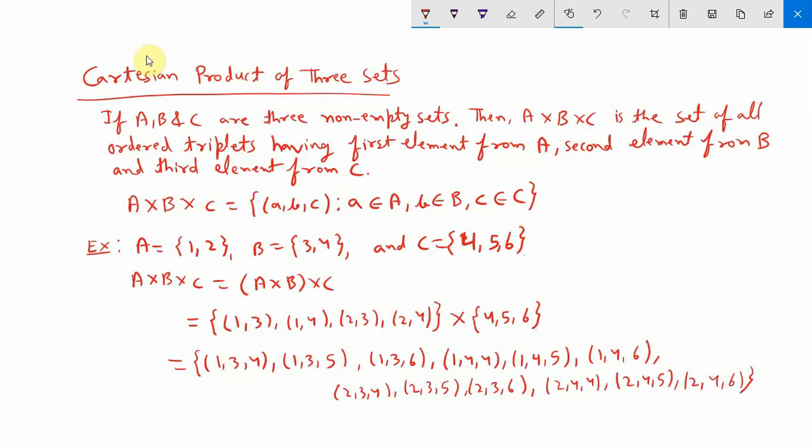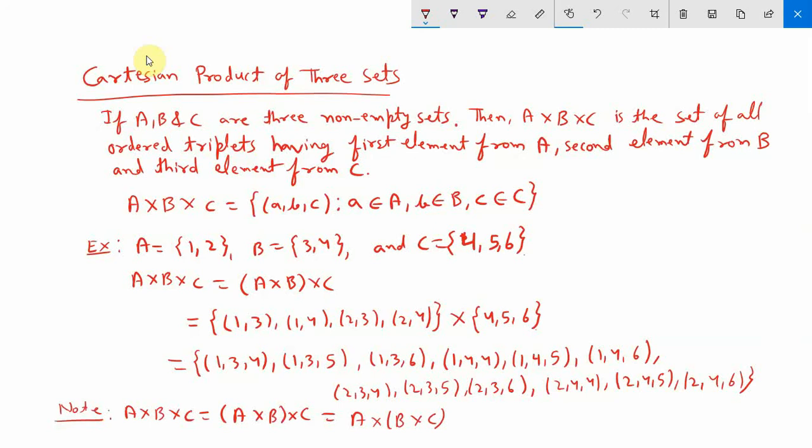So please note that (A × B) × C can be written as A × B × C, and it will also be equal to A × (B × C). Okay, both will be same.